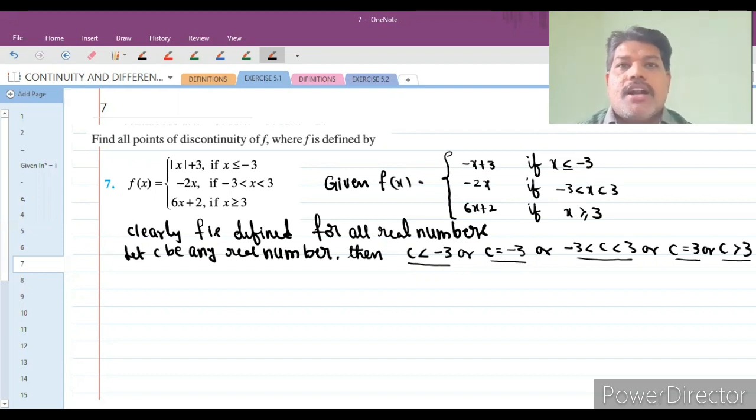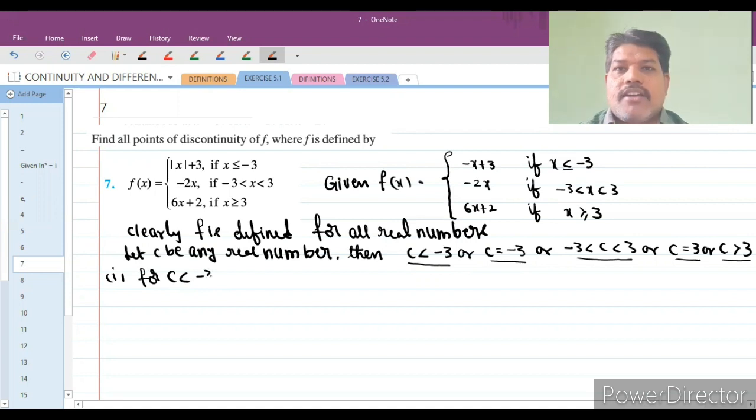For that, first I will go for case 1, c less than minus 3. What happens, students? f of c is equal to minus c plus 3.